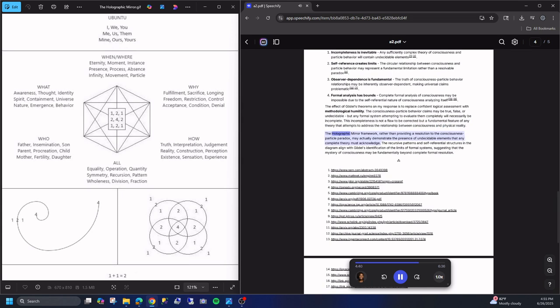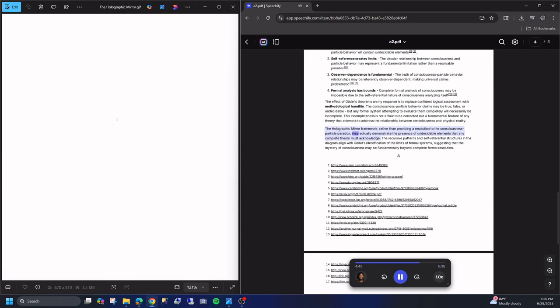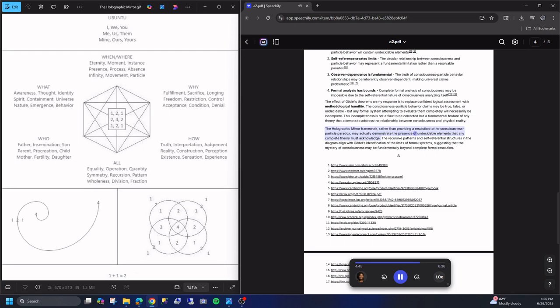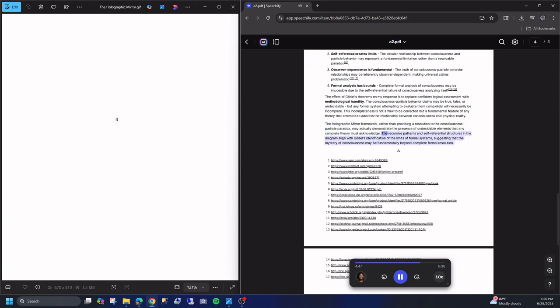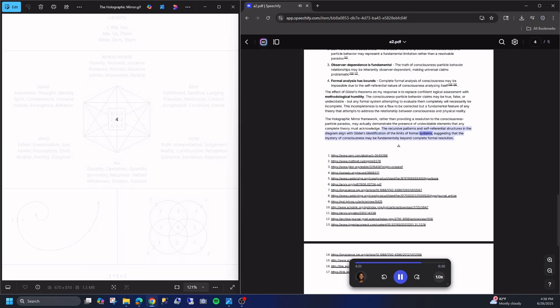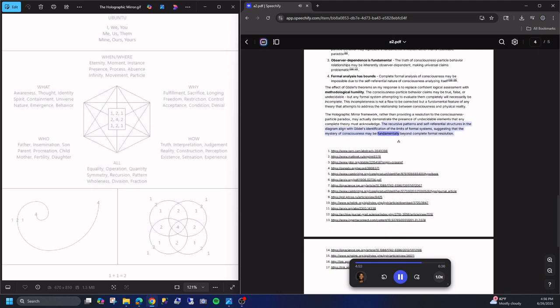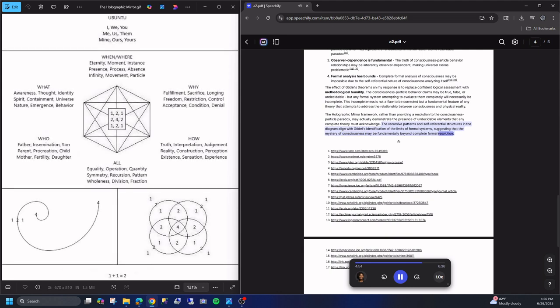The holographic mirror framework, rather than providing a resolution to the consciousness particle paradox, may actually demonstrate the presence of undecidable elements that any complete theory must acknowledge. The recursive patterns and self-referential structures in the diagram align with Gödel's identification of the limits of formal systems, suggesting that the mystery of consciousness may be fundamentally beyond complete formal resolution.